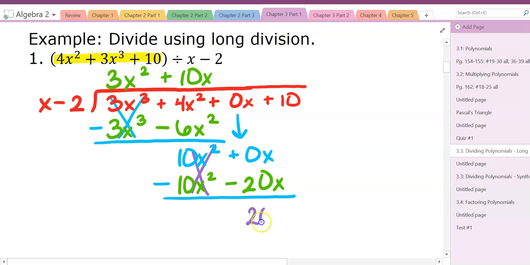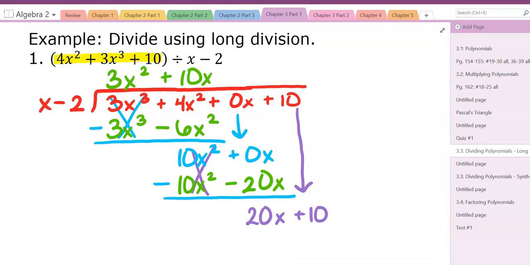So we have 20x. And now I'm going to bring down this 10. Okay, and then we repeat our process. So I'm trying to get to 20x, and I have my x up there. What do you guys think? x times what would get me to 20x?